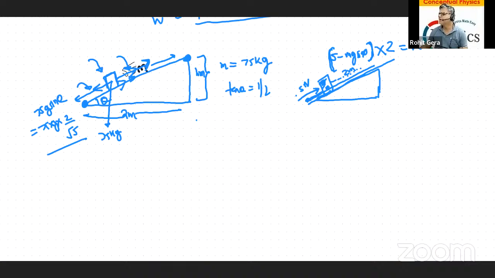So question number two: there is a man whose weight is 50 kg, and he carries another weight of 25 kg on his head.